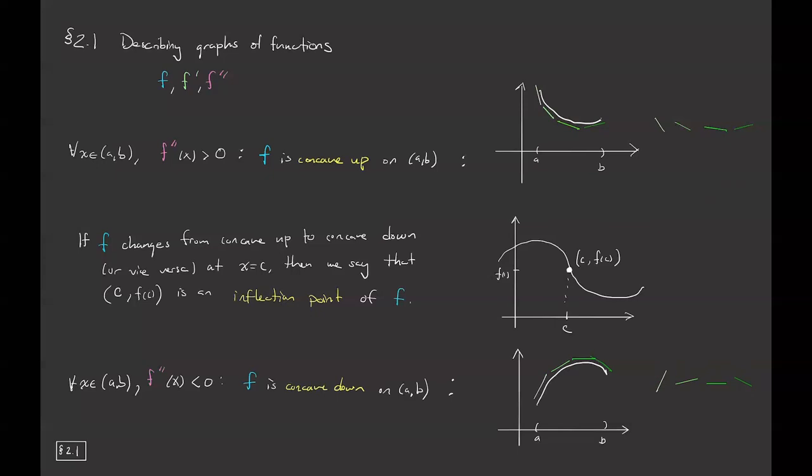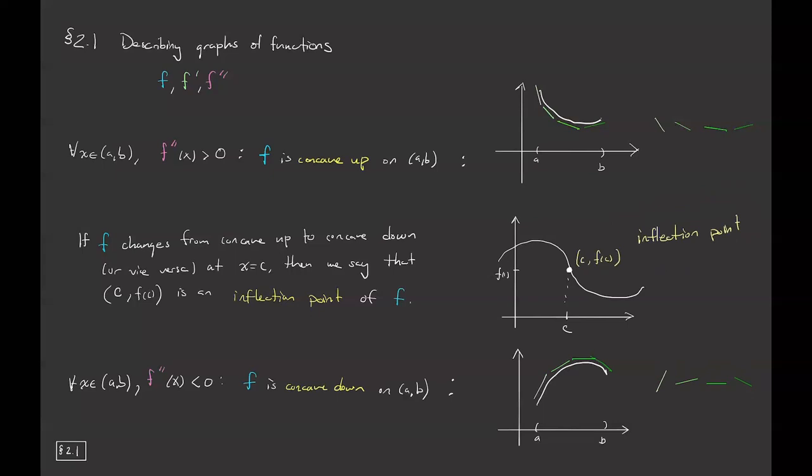And that point is called the inflection point. So this point here, maybe I'll put it in another color to signify they go together. There we go. So that spot where there's a change.